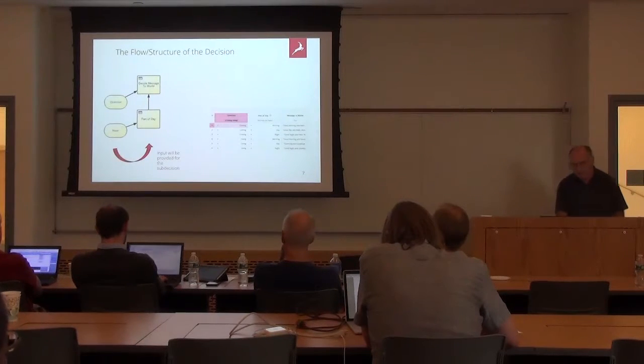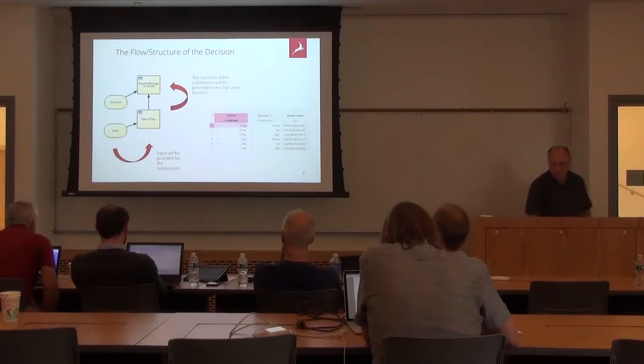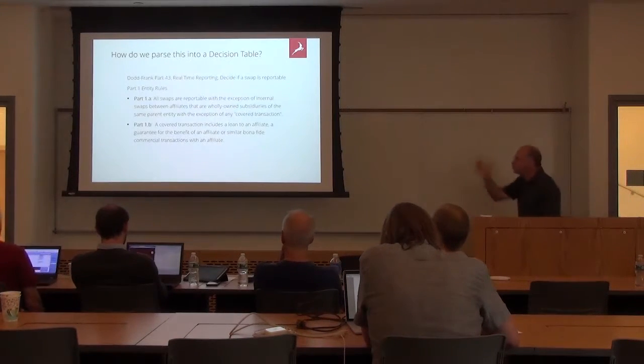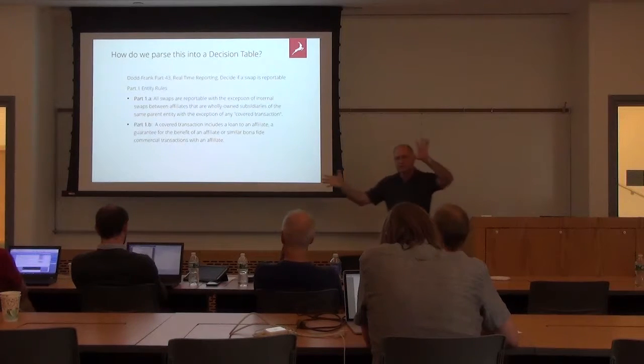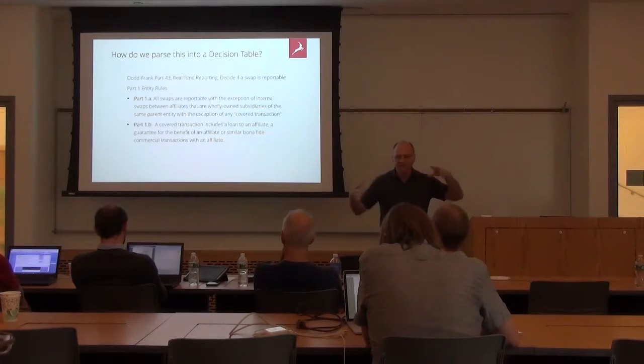And that input ends up in the structure of the top-level decision table. Would everyone agree? Basically, that's how the decision model works. They have the input data, some logic at each of the sub-decisions, and it feeds up to the top level.